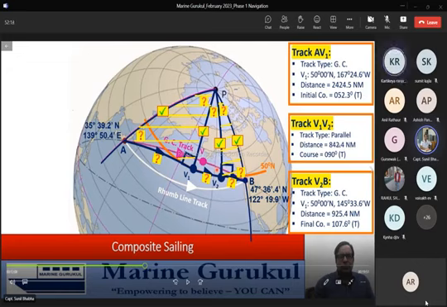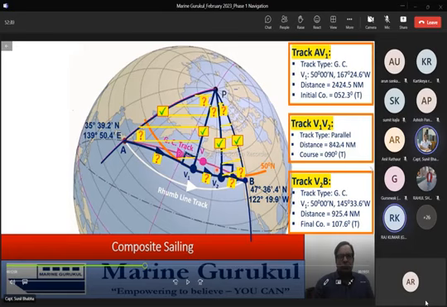Sir, in this track V1 V2, the course will always be 90 degrees, east-west? That's right, beta. In this case, we are going eastwards, so the course will be 090. If we are moving westwards, the course will be 270. Only two courses can be there between V1 and V2. And how are we calculating the distance, sir?